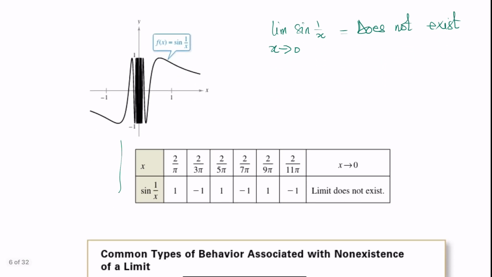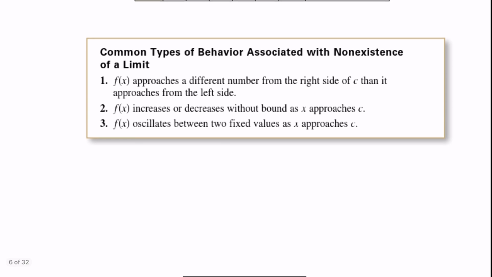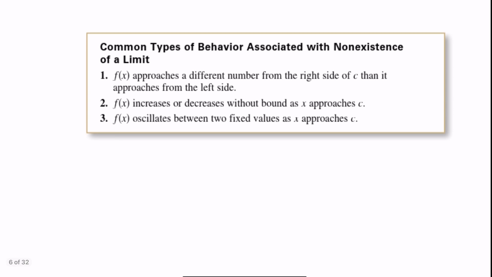So these are the three main categories of functions where the limit does not exist. And we've summarized them here. The first type is f of x approaches a different number on the right side of c than it approaches on the left side. And that's the first example we saw.